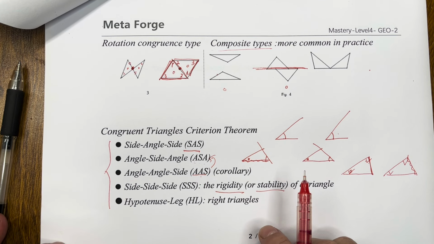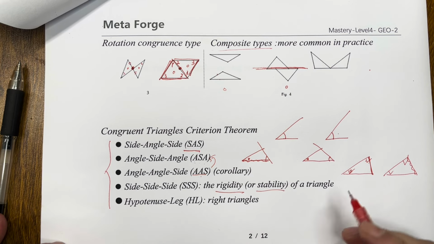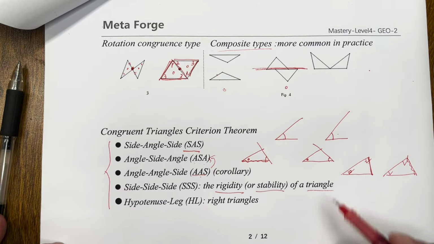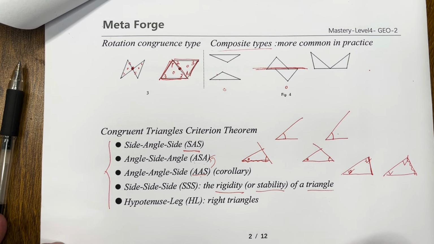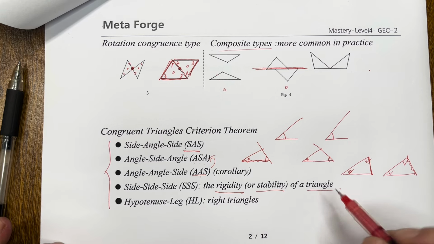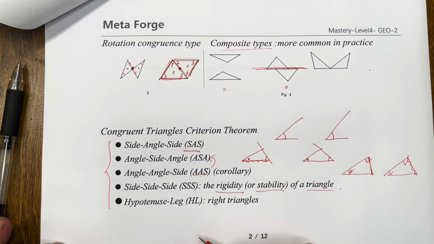A parallelogram does not have this kind of property. Okay? A five-sided figure does not have this kind of property. Only a triangle has it. It's very important. Triangle is rigidity. Triangle is stability. It's very important. The last one happens in right triangles.